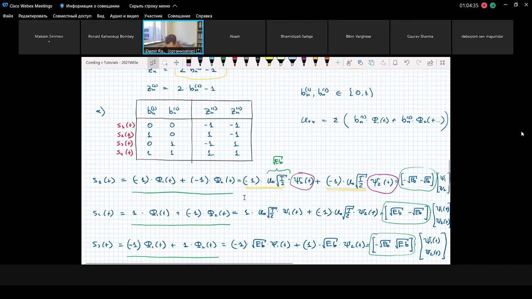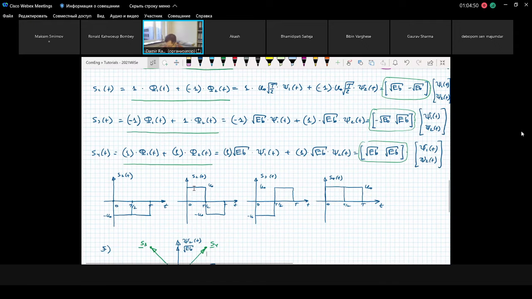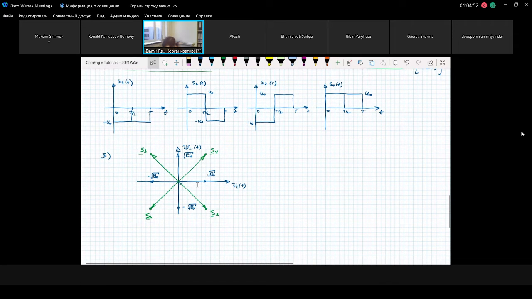For example, you could choose for S1 the sequence 1 and 1, but once you have defined it, all your solution must be consistent with this option. Okay, this is our signal space diagram.